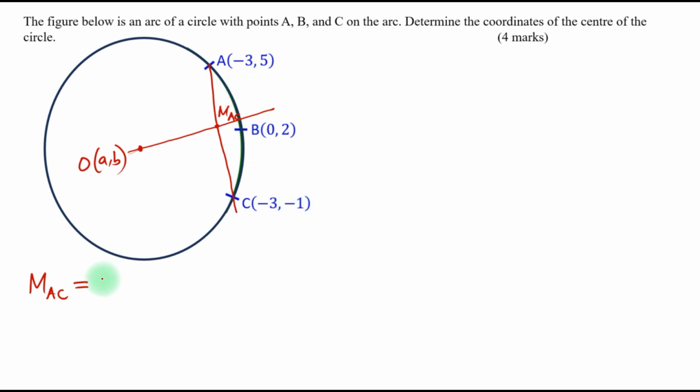So this will be minus 3 plus minus 3 all over 2, and the y coordinates, that will be 5 plus minus 1 divided by 2. So we end up getting minus 6 over 2, that is minus 3, and the other one is 4 over 2, which is 2. Now, that is the midpoint of line segment AC.